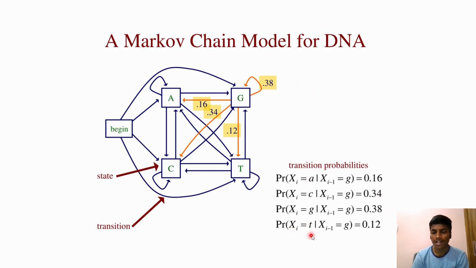And P(x_i = T | x_{i-1} = G) equals 0.12, which is here.